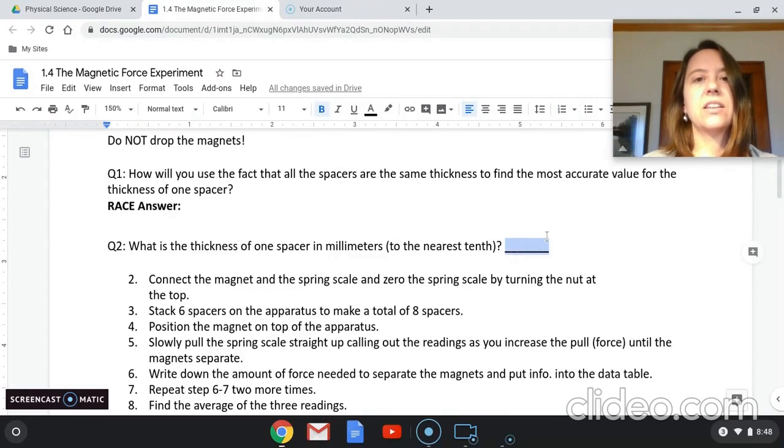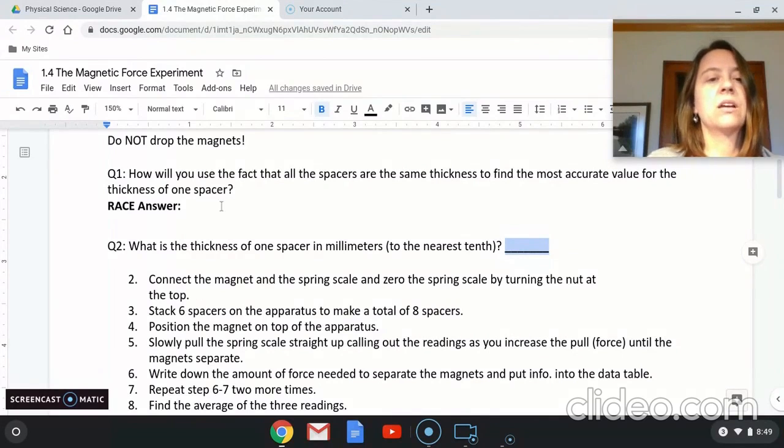If you need a calculator, that's fine, or you can move the decimal point over 1. So, what is the thickness of one spacer in millimeters to the nearest tenth? Well, 11 divided by 10 would be 1.1 millimeters. So we kind of skipped question 1, but you saw me do it.